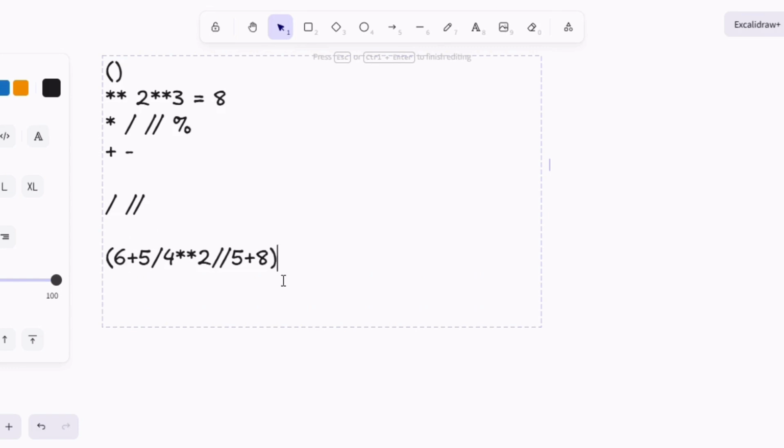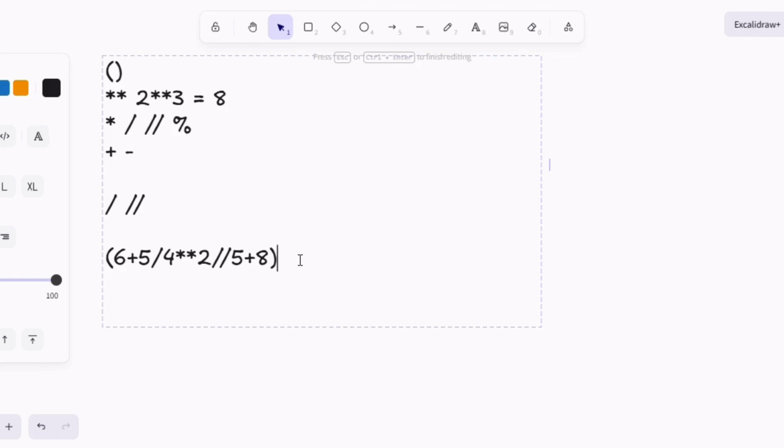If you see any question like this, first write down the precedence on paper: parenthesis, exponentiation, then multiplication and division group, then addition and subtraction. Here the operators I can see are addition, division, exponentiation, floor division, and plus, right?